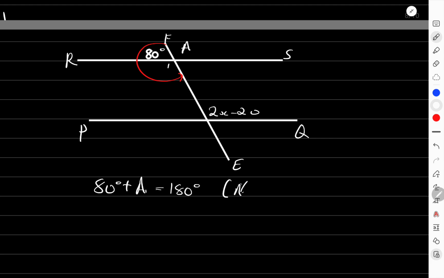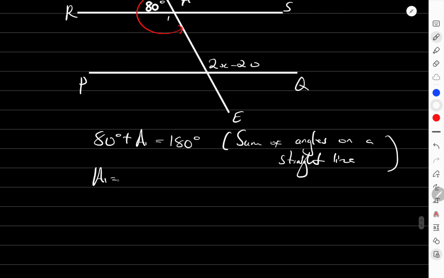Sum of angles on a straight line, sum of angles within a straight line. Therefore I'm going to have A1 equal to 180 minus 80 degrees. Therefore A1 is equal to 100 degrees.